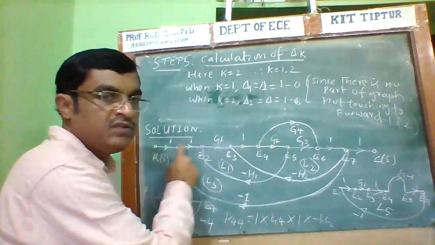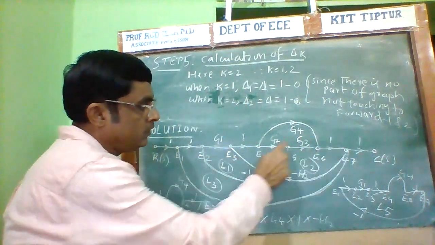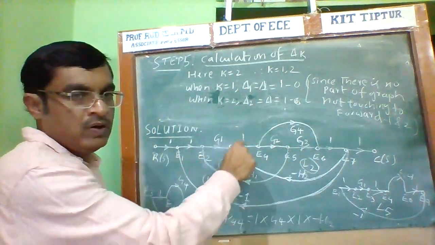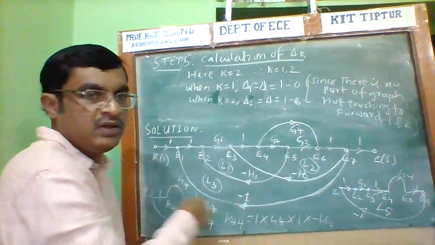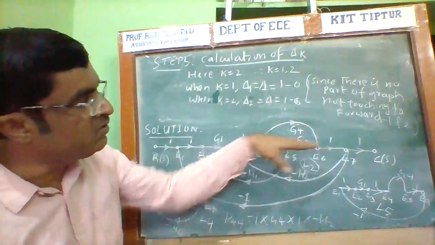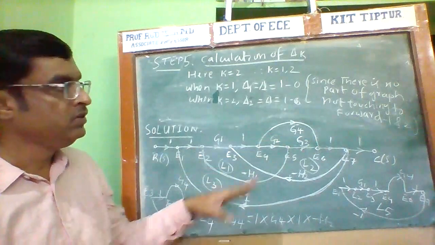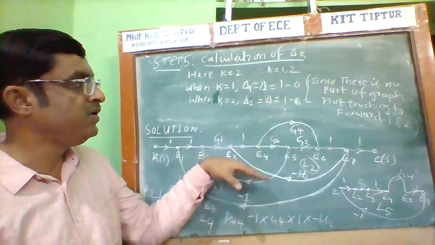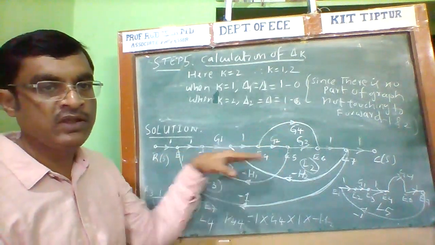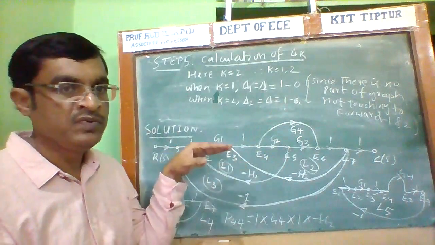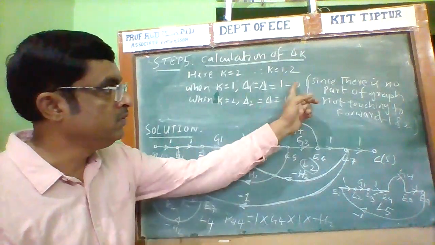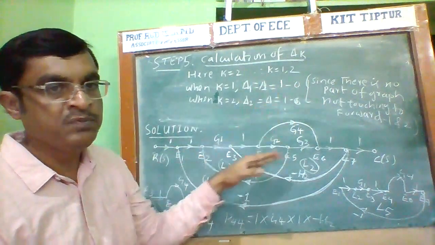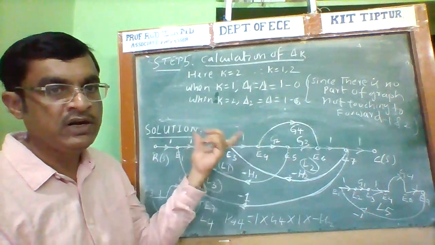If we consider forward path 1, then we take the part of the graph not touching the first forward path, and for that graph we apply delta.